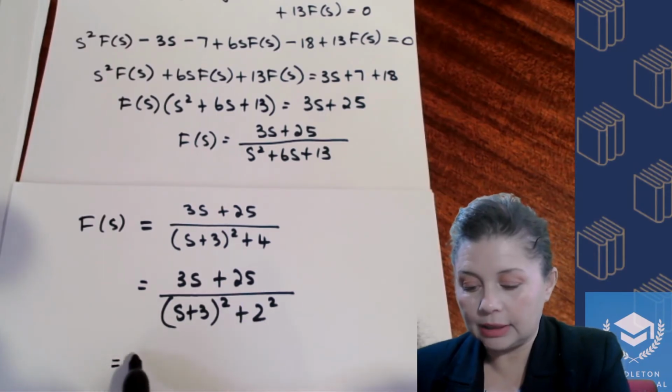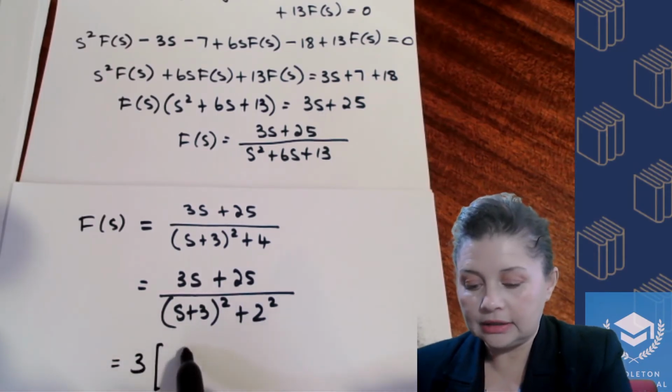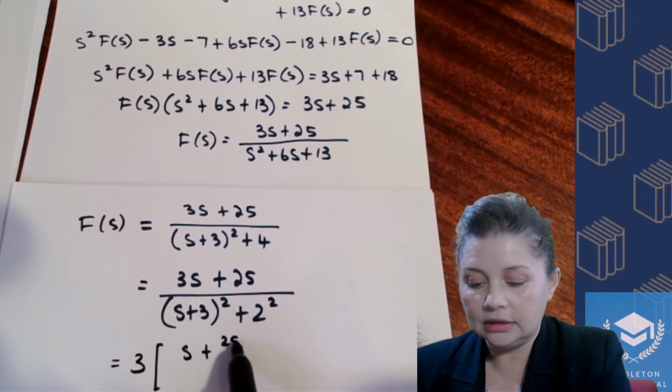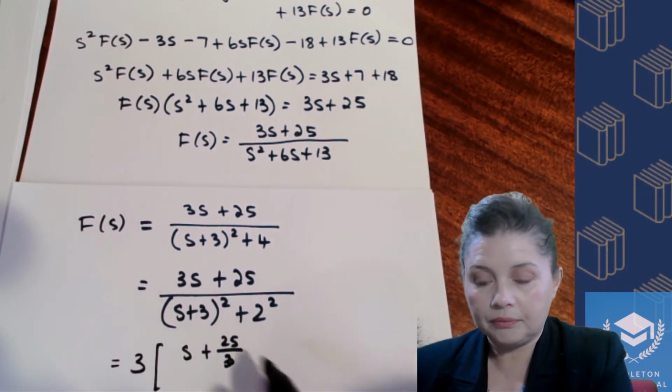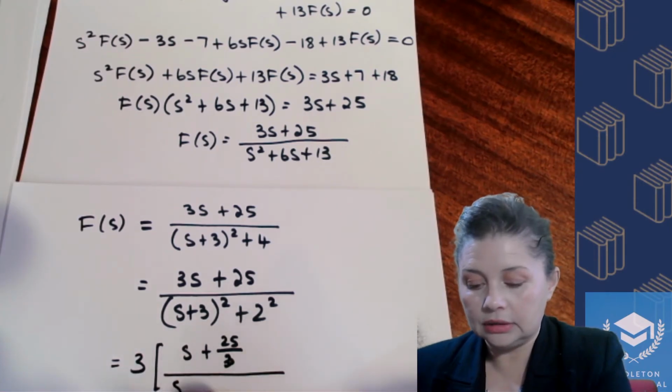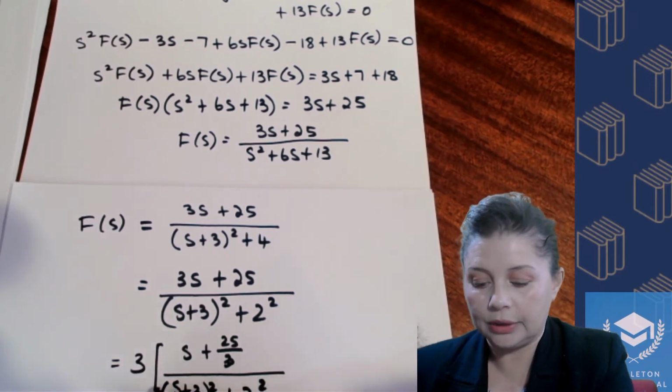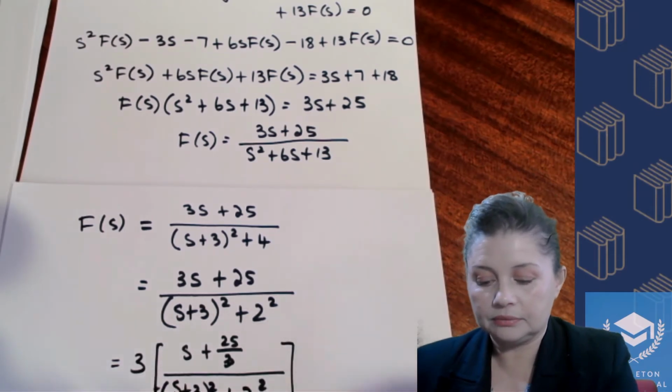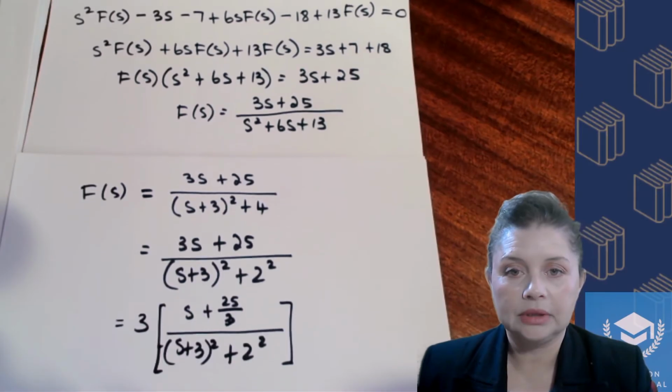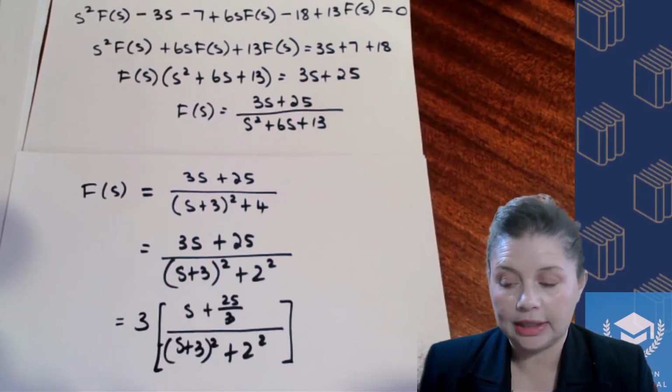Let me just shift this up a bit. And that's going to be s plus 25 over 3, over (s plus 3) squared plus 2 squared. Okay, so that's what our expression is going to look like.